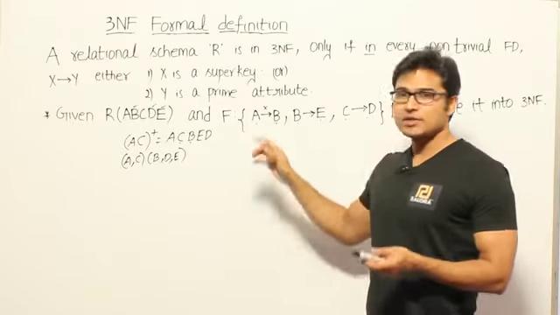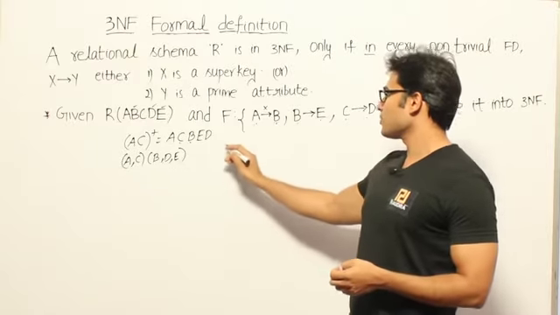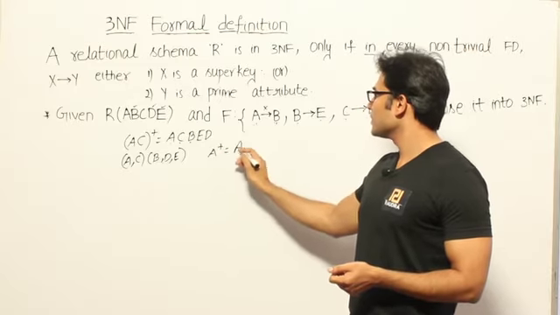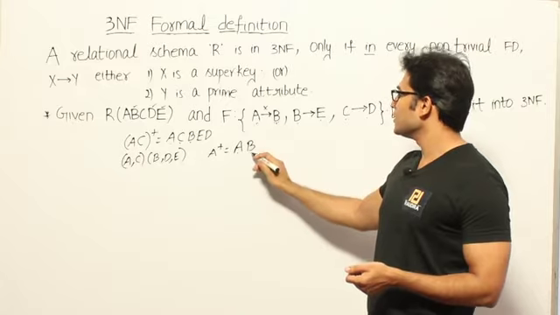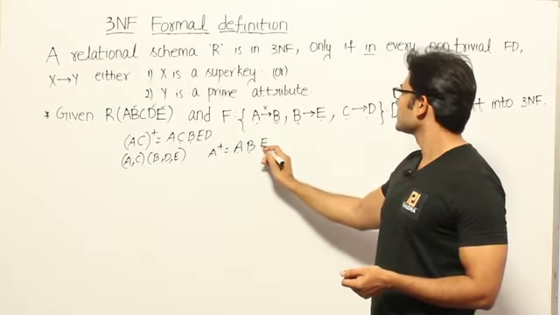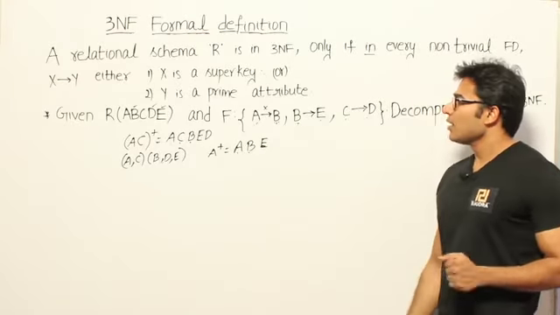As and when we discover this, split the table. So how do I split the table? Find out A plus. If I find A plus, it is going to be A, and because of this I am going to get B, and because B is present here and B is present here, I am going to get E. Got it? Okay.